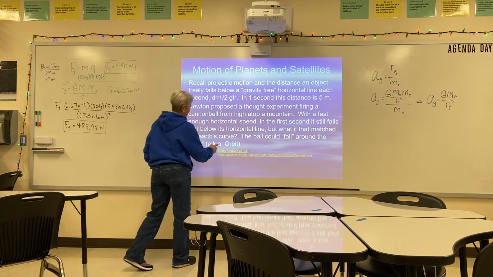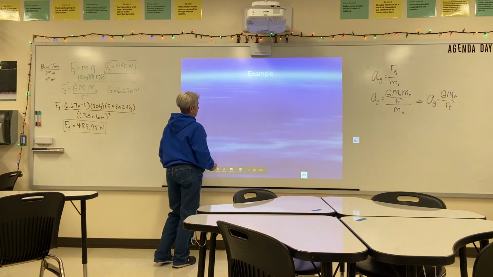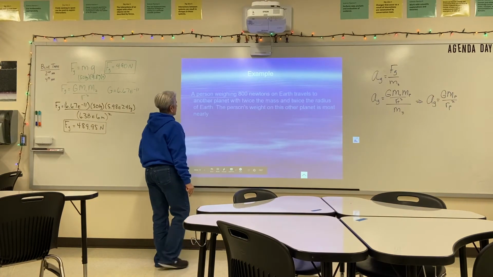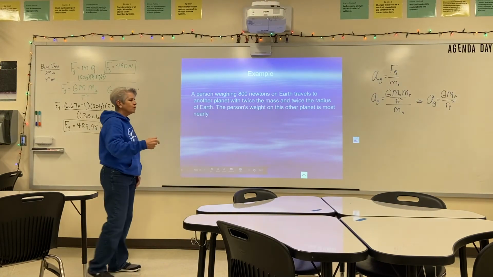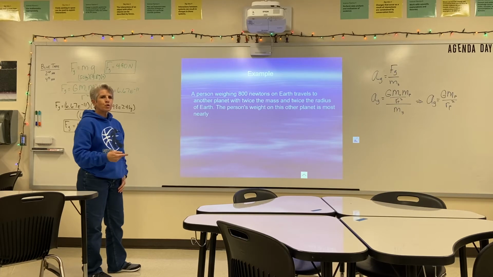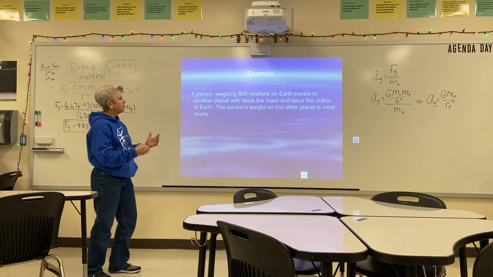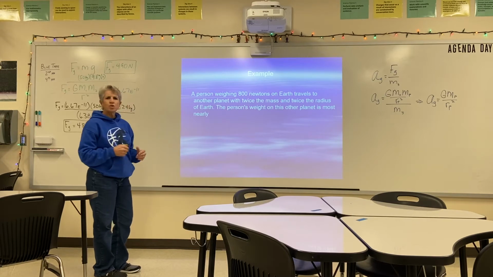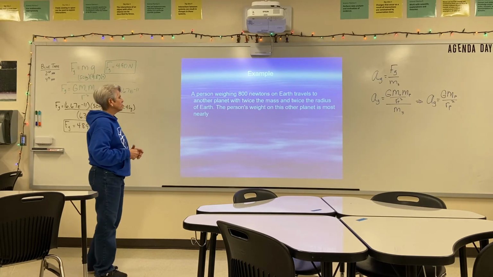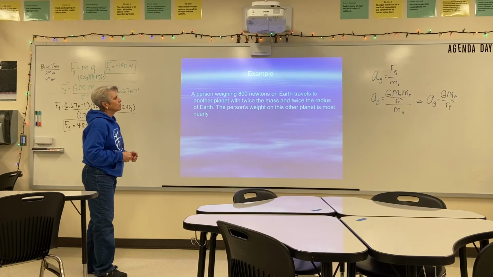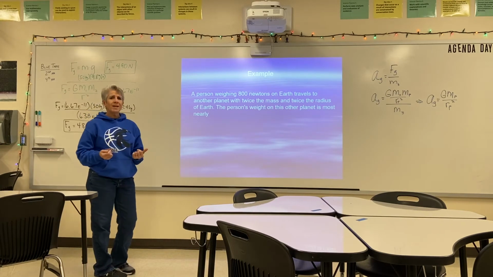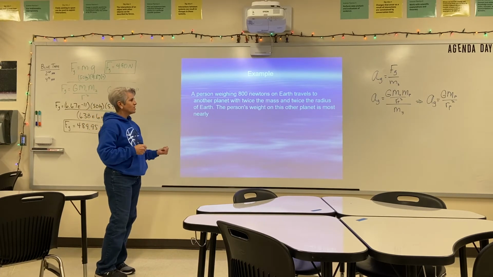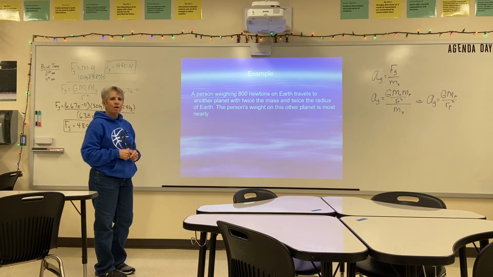So I'd like to show you an example of using Newton's law of universal gravitation to manipulate this equation and figure out what would happen to a person if we could change one of these factors. A person weighing 800 newtons on Earth travels to another planet that has twice the mass and twice the radius of Earth.